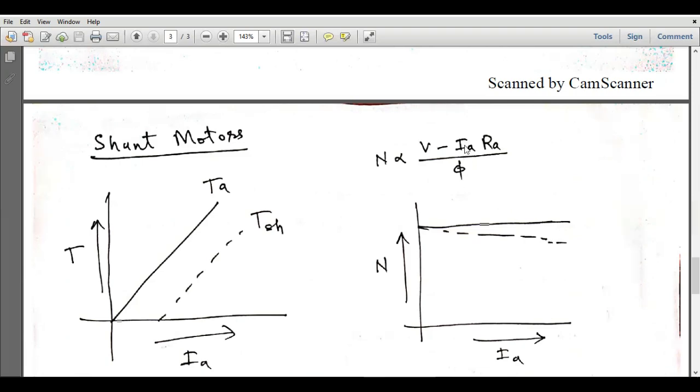If we increase the armature current, then V minus IaRa will decrease, so speed will also decrease. So over a wide range of armature current, the speed of a DC shunt motor is almost a flat line. It is decreasing with increasing armature current, but at a smaller rate.